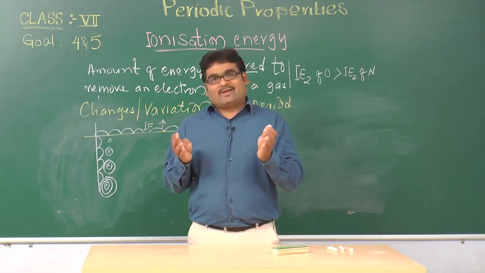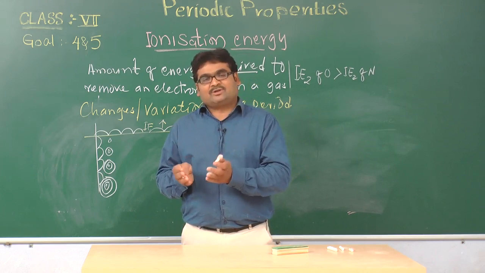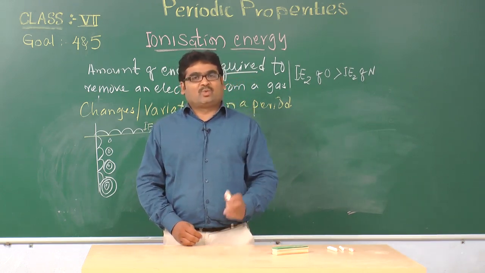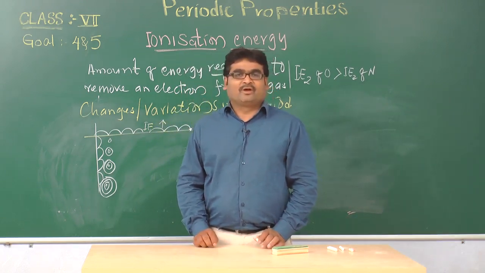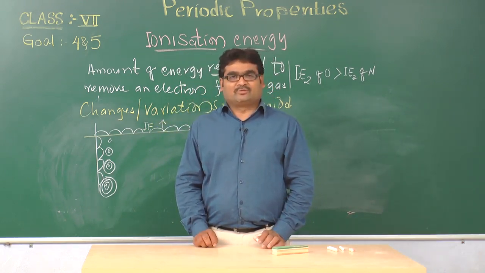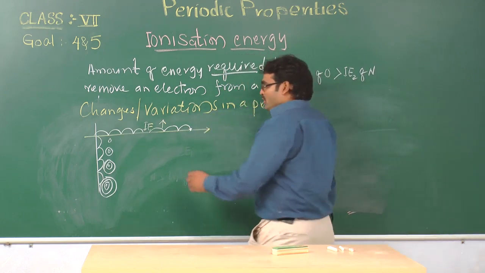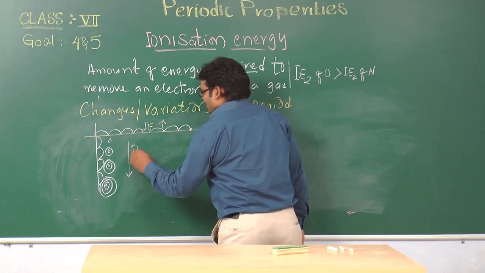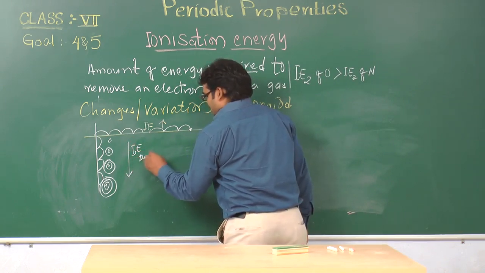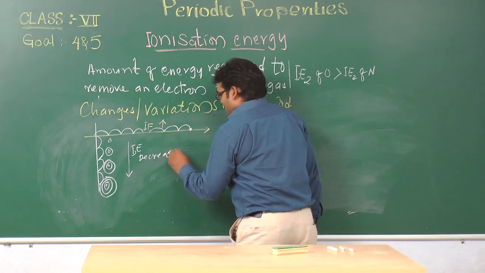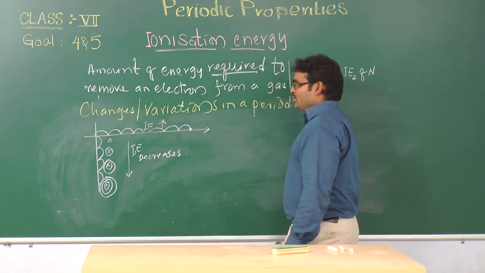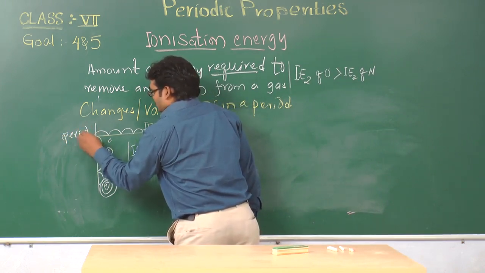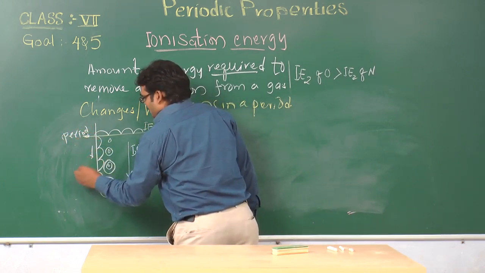So the attraction between the nuclear charge and the valence electron weakens. As a result, we require very little energy to remove the electrons. So when we move down the group, the ionization energy decreases. So, these are the variations in the period and down the group.